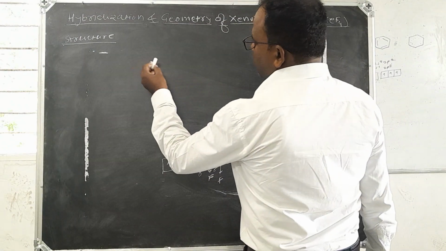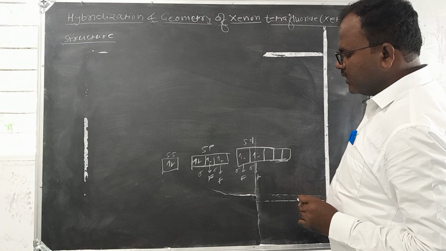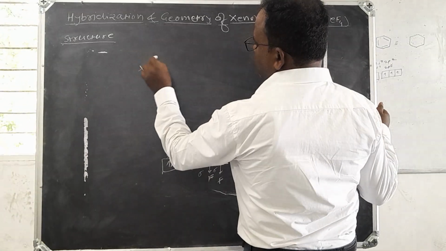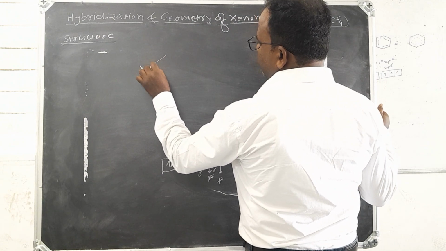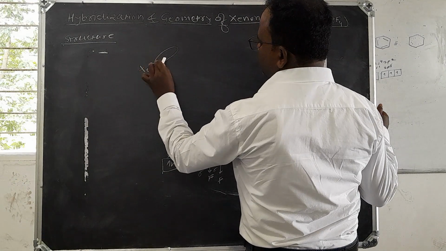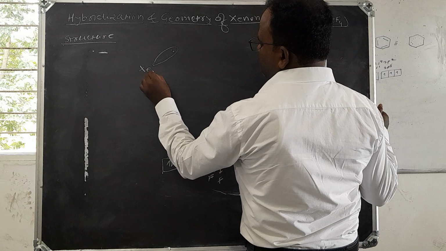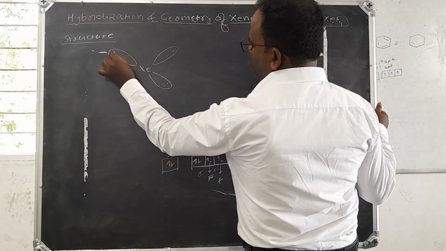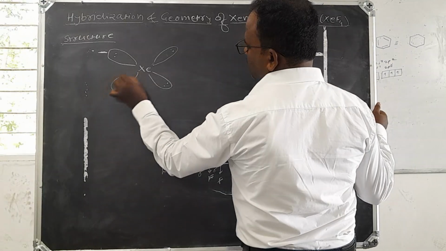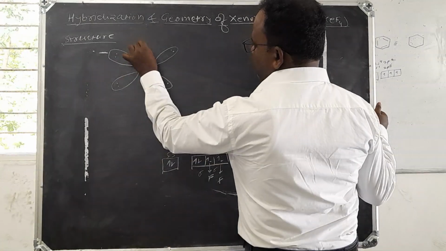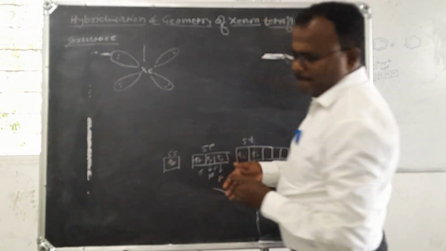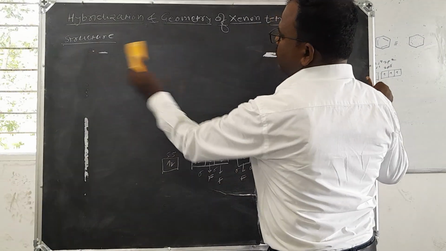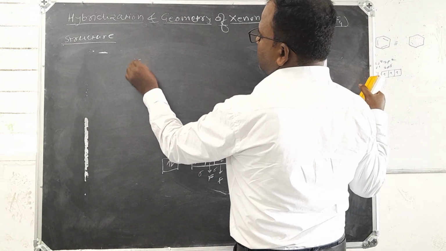To discuss the structure of xenon tetrafluoride, the xenon atom is present at the center, where one lone pair is present, and another lone pair. That is, only two lone pairs are present.